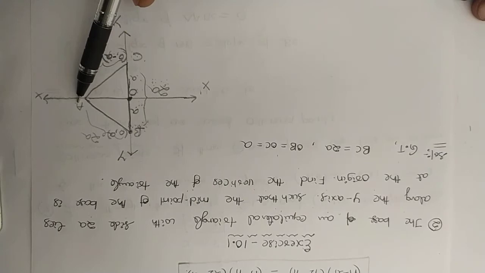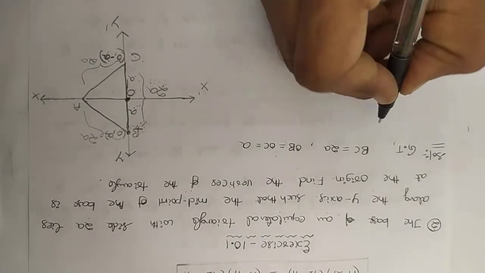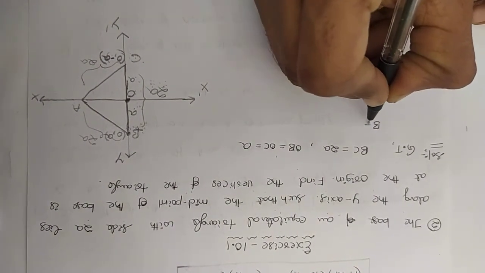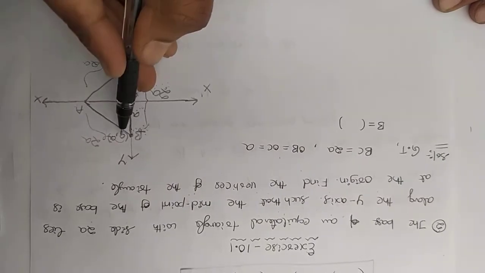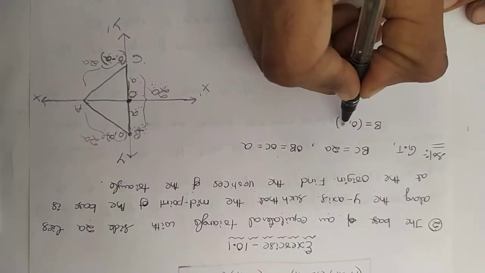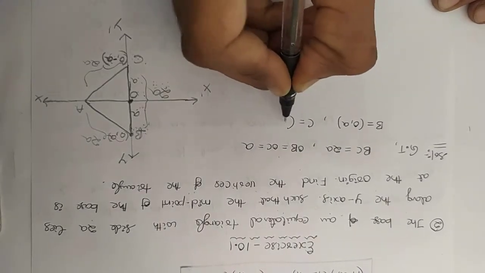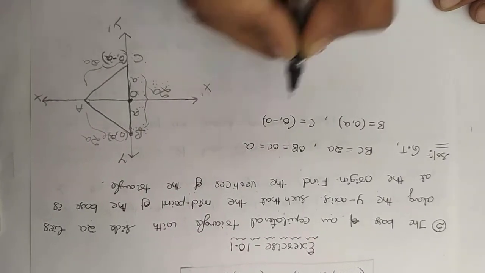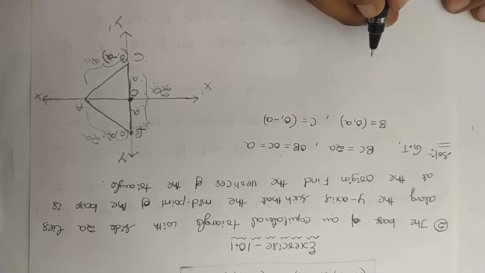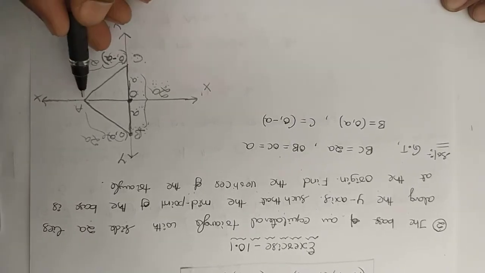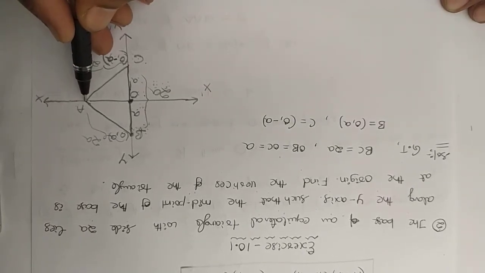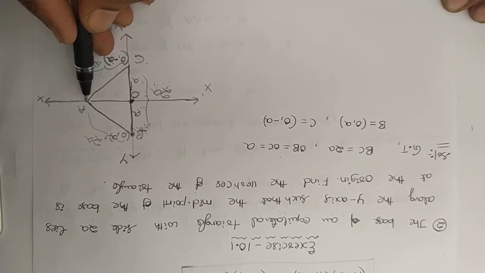We need to find A only. Therefore, the vertex B is (0, a) and C is (0, minus a). Right? Now, we want A only. Then how to find A?